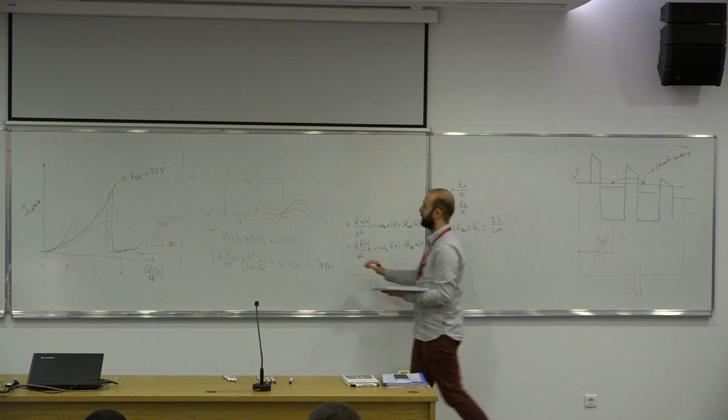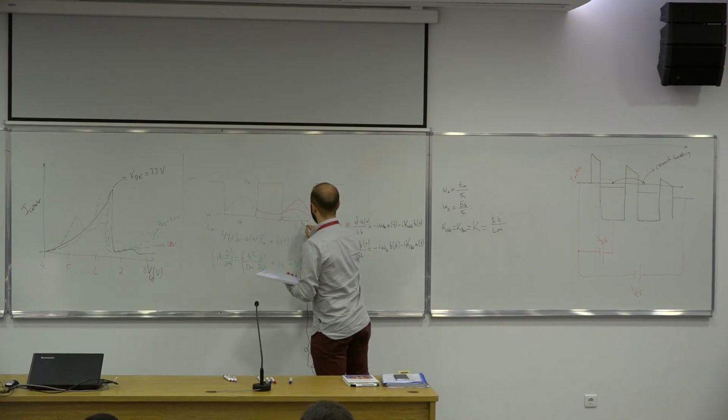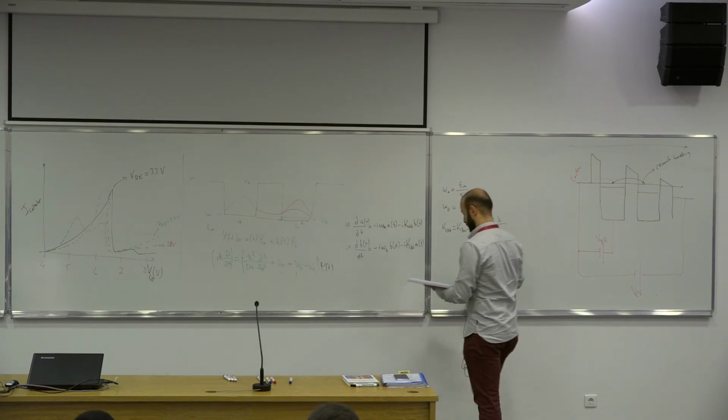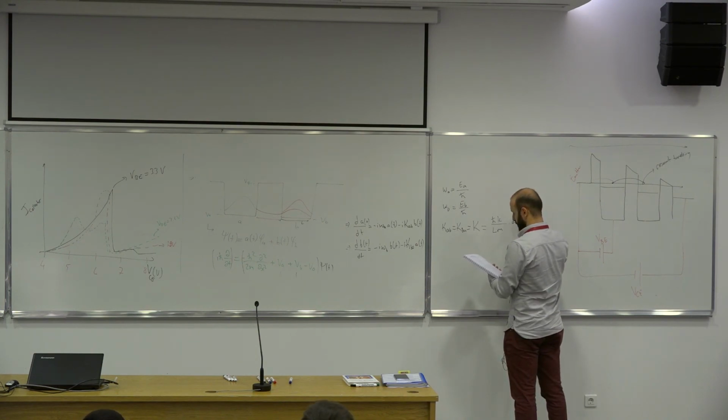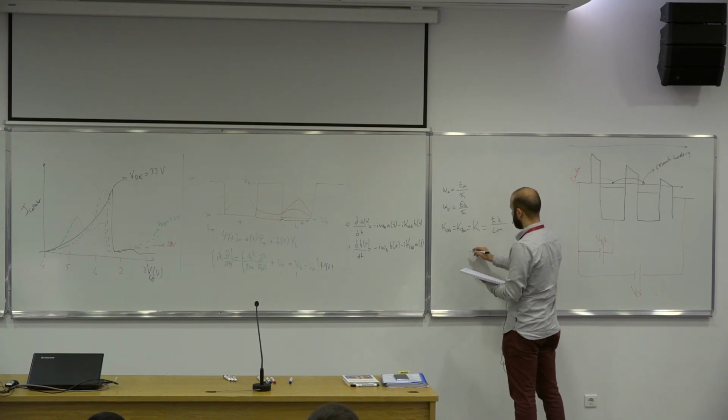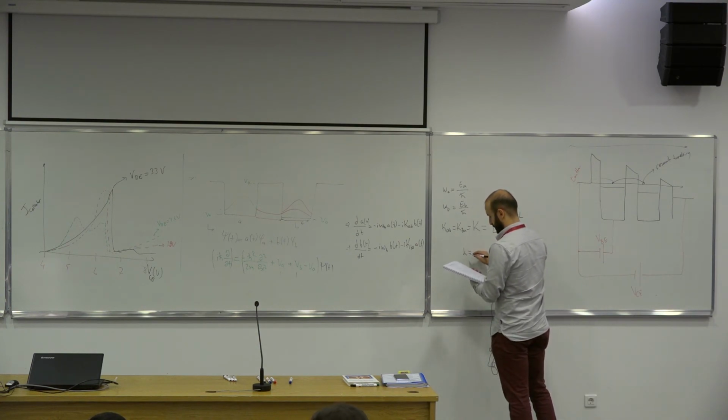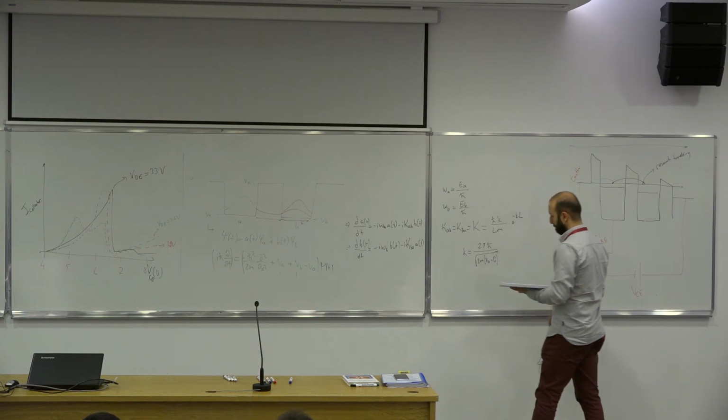L is the length of the well, or both wells, times e to the minus KL. And here K is written as 2 pi over h bar times the square root of 2m(V0 minus E). Okay.